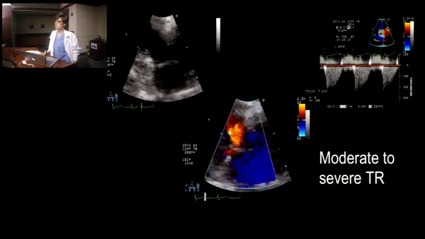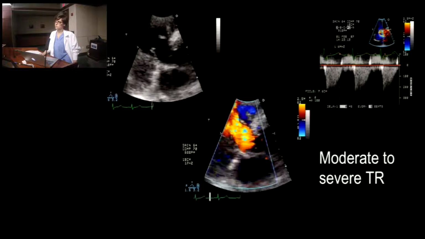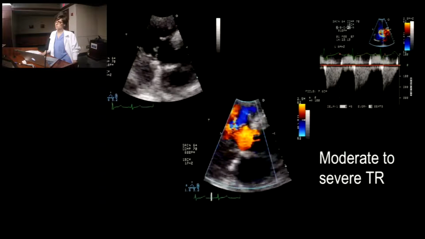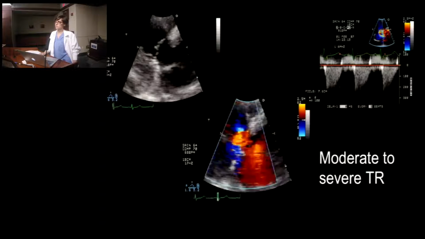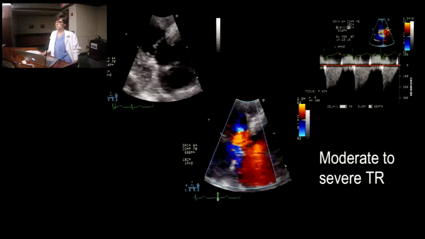It really depends on what this case and what the format is about. Is the discussion management of this case, or management of severe TR, or trying to understand the pathophysiology of why TR is getting worse over time? So you don't want to distract them from the main question.